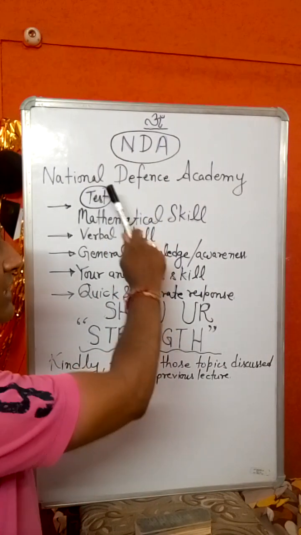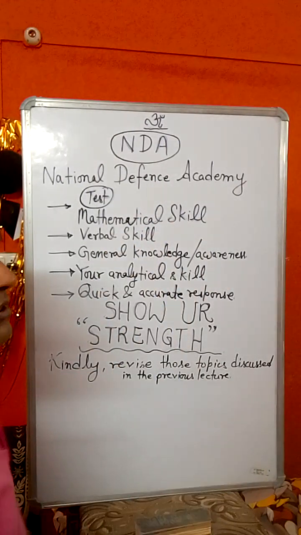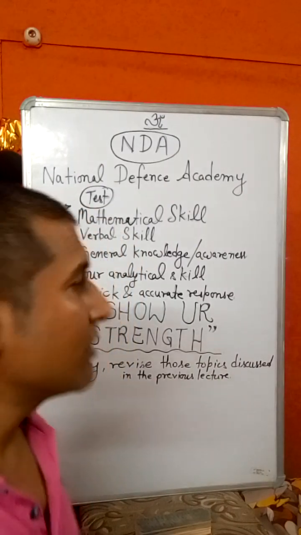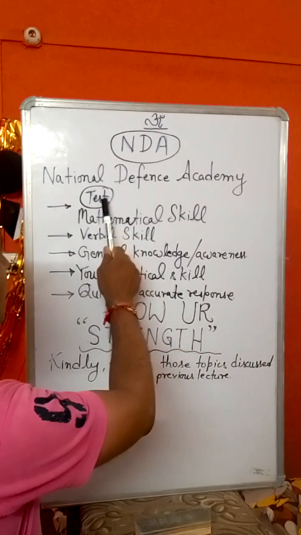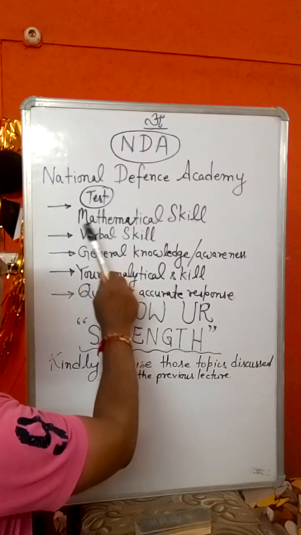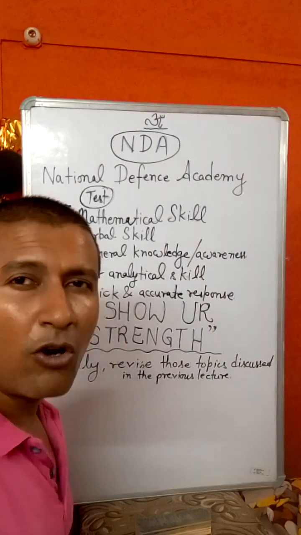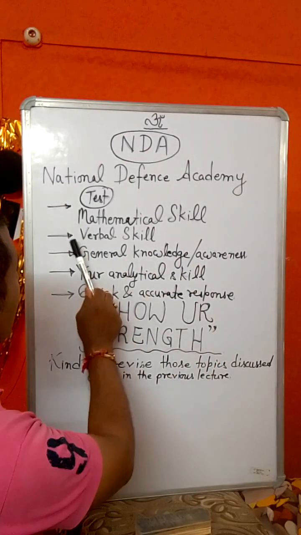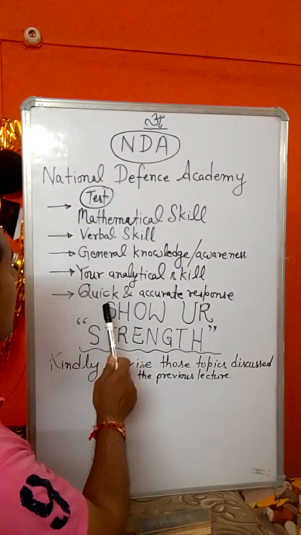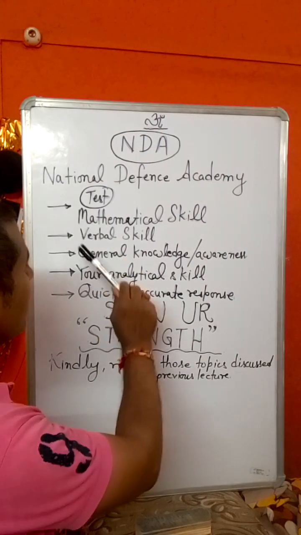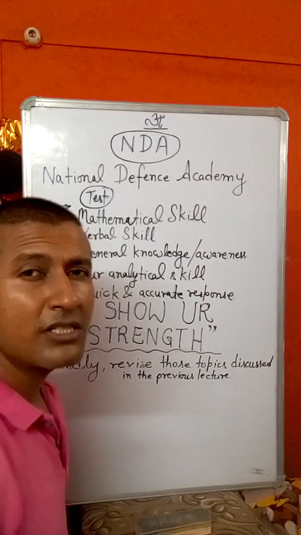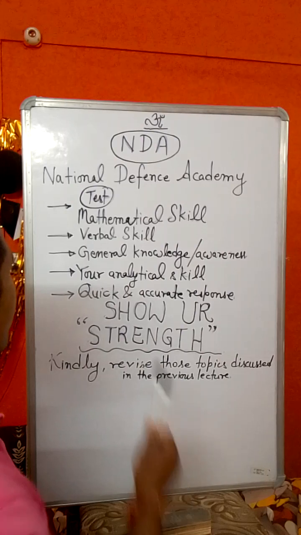NDA is basically National Defense Academy, right? They conduct a test, right? In their test, they check the mathematical skills of the candidate, and then their verbal skills, and then their general knowledge, means general awareness.